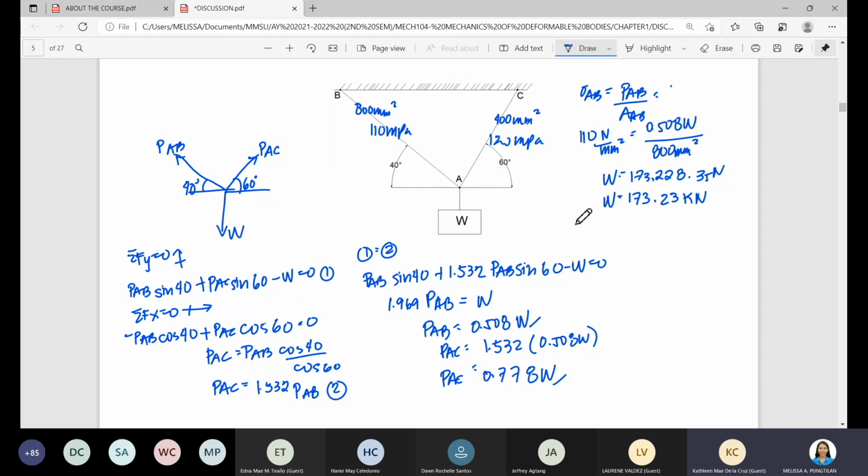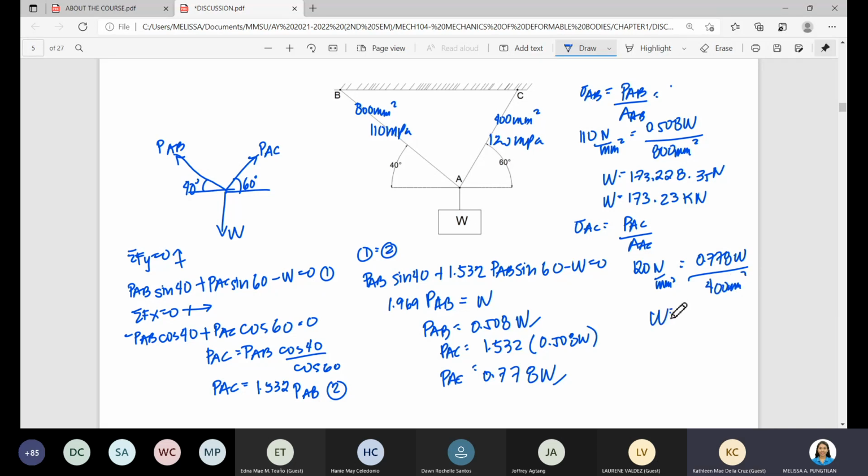And then for our AC, meron tayong PAC all over AAC. So stress is 120 Newton per square millimeter. PAC is 0.778 of W. And then, yung area natin is 400 square millimeter.